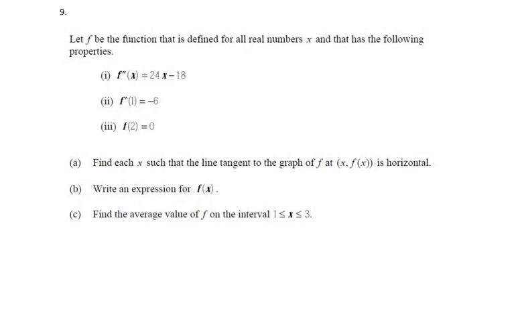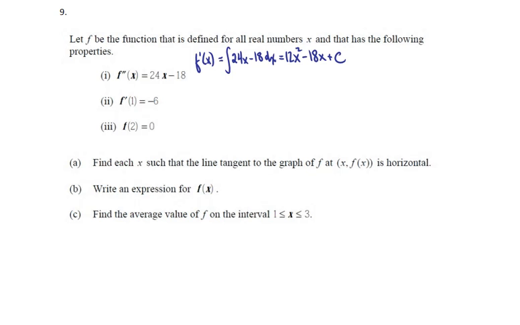And in part B, we are asked to find the original function. So we're going to go through those steps here. The first derivative is the integral of the second derivative. So that's the integral of 24x minus 18, which is 24x squared over 2, 12x squared, minus 18x plus c.